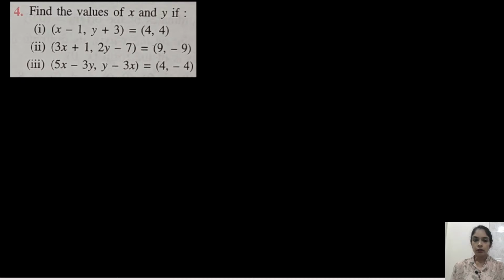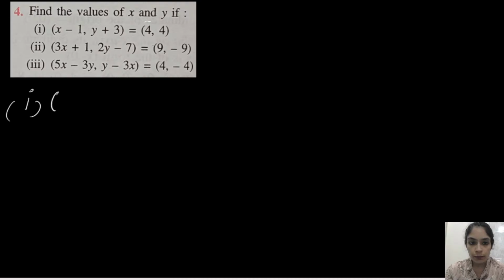See, next question. We have to find the values of x and y. So ordered pairs are there. This type of question we have done in MCQs also. You can do along with me, and let's see who will post the answer before me. Whenever ordered pairs are equal, the first component will be equal. So the first component of the left side is equal to the first component of the right side.